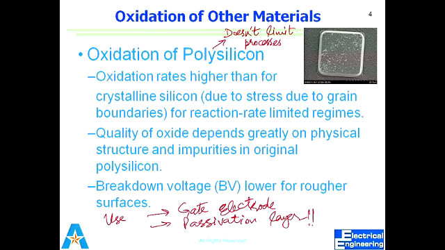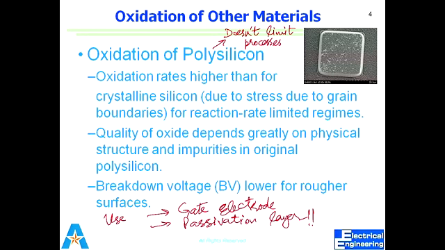Okay, so oxidation of other materials. Up till now we have discussed the oxidation of silicon. As I told you yesterday, when we discuss oxidation we mean thermally grown oxidation. We are still talking about thermally grown, not deposition.